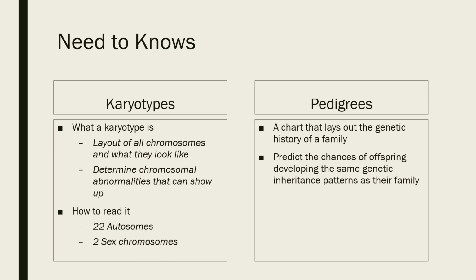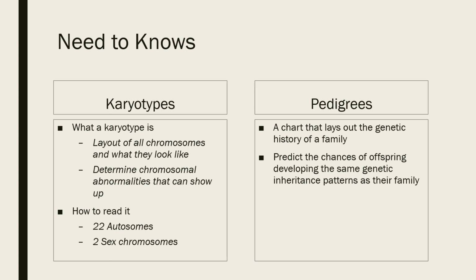We also need to know how to read it. We need to know that there are 22 autosomes that show up and 2 sex chromosomes that show up. If you have 2 chromosomes at X, you have a female. If you have 1 chromosome at X and 1 chromosome at Y, you know that you have a male.